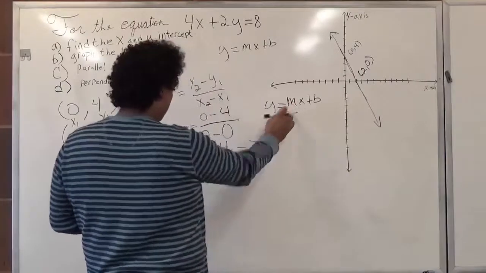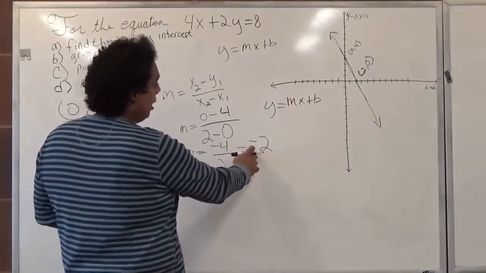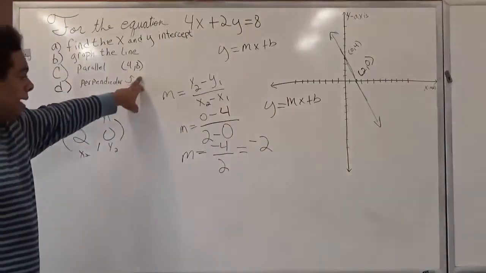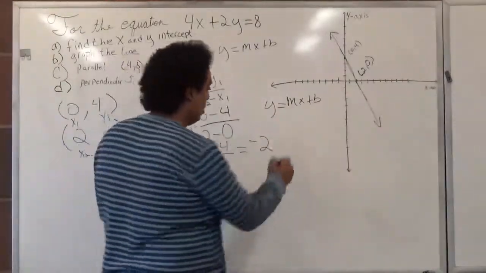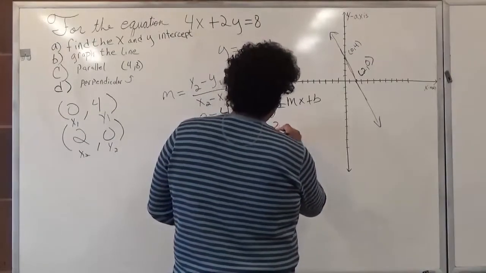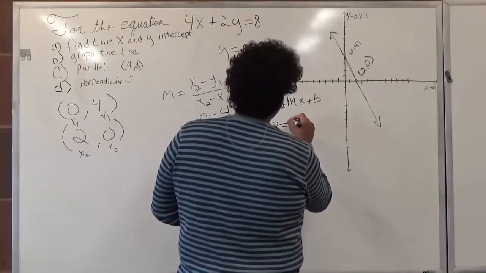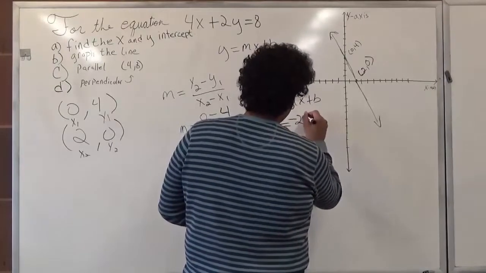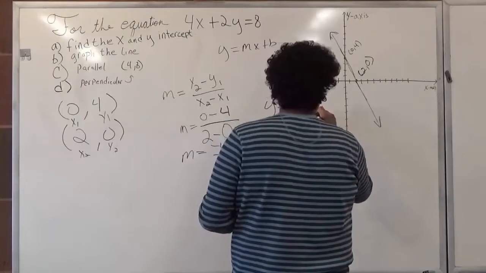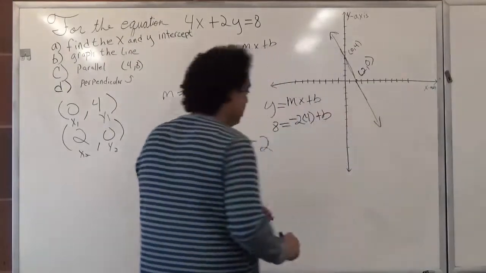We have m, which is negative 2, and we have x and y, which is right here, 4 and 8. We just need to find b. So let's plug in and get to work. y is 8, which equals m, which is negative 2, times x, which is 4, plus b, which is what we're going to solve for.